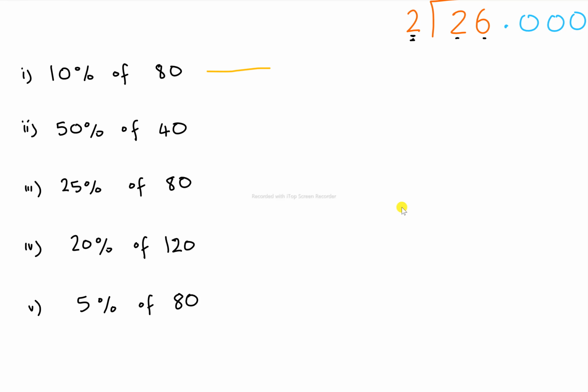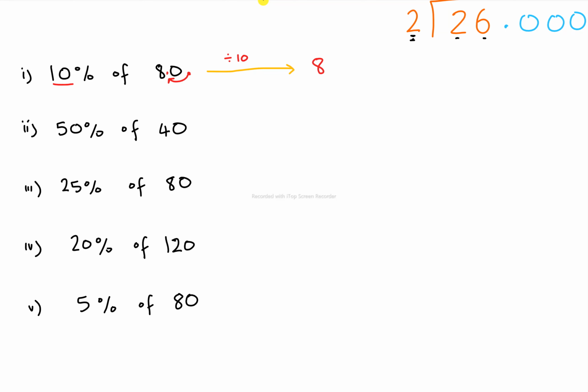Right, okay, let me just do this for you now. So remember, what I'm doing is you're doing it in your head. When I see 10%, I'm going to divide by 10. The decimal point is there, so I'm going to move it back one place. So my answer is 8.0, which is the same as 8.